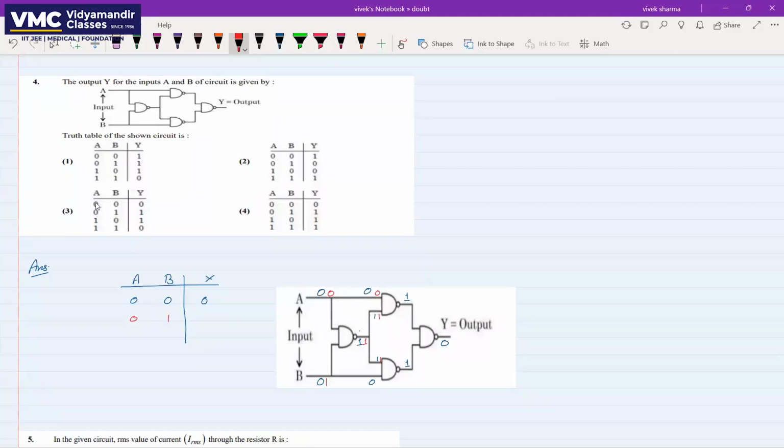As this is 0, 0, 1 will also be 1. Again here, 1, 1, it will become 0, and 1, 0, it will become 1. Similarly, for the next input, 1, 0, it will also become 1.